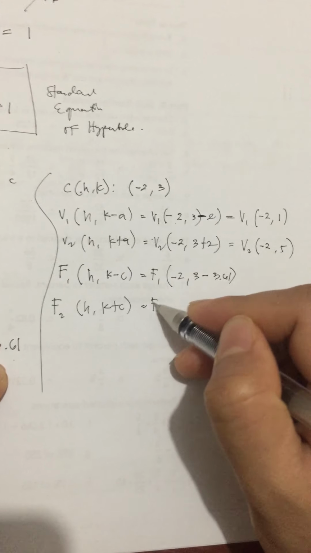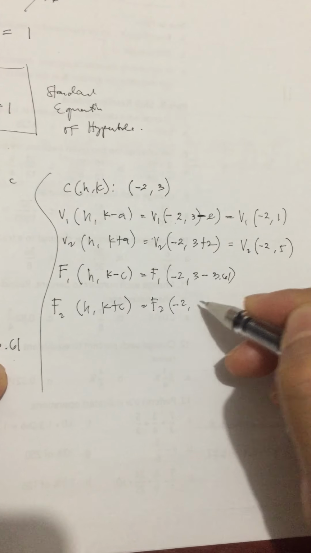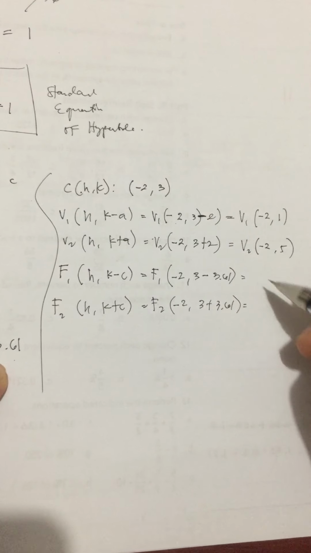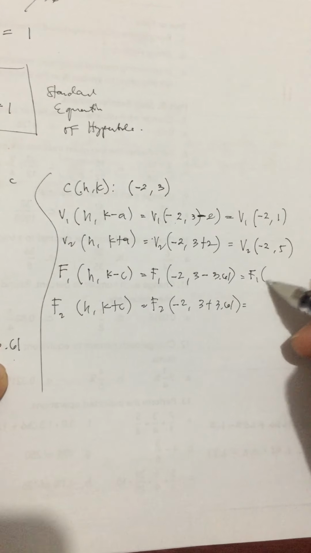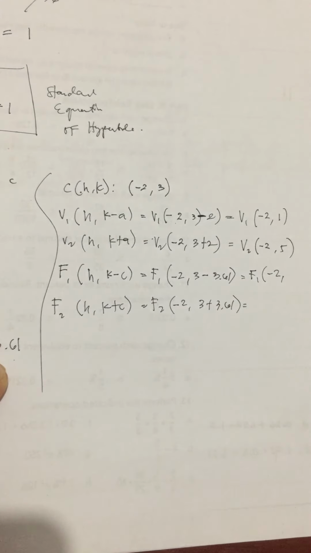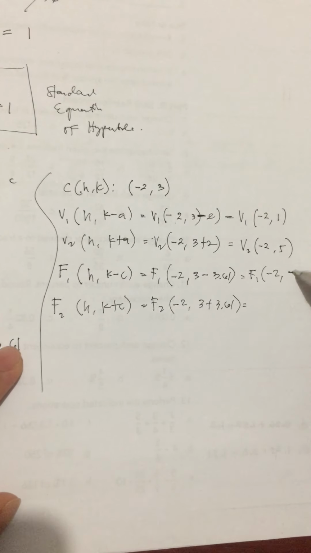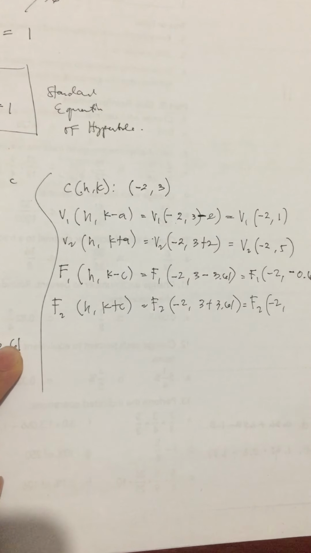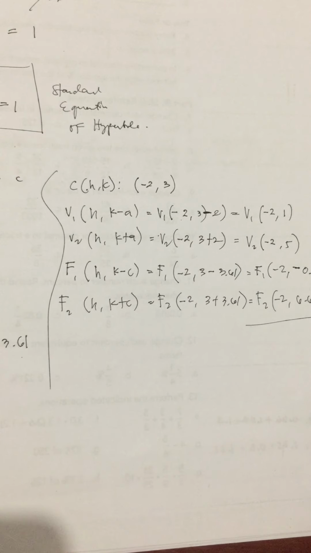And then our focus 2, negative 2, 3 plus 3.61. Focus 1 will now be negative 2, negative 0.61, and then our focus 2 would be negative 2, 6.61. Okay? So, yan na ang ating mga features.